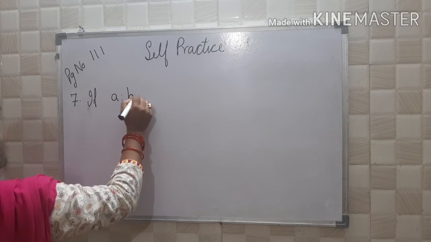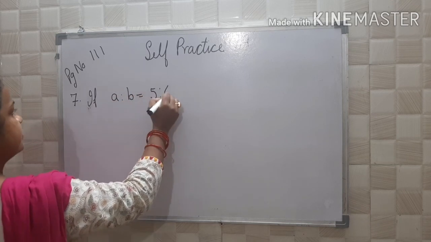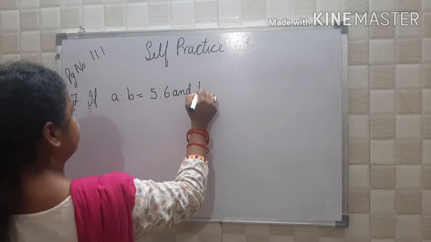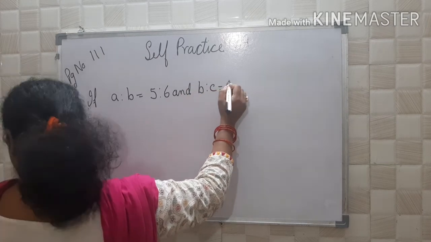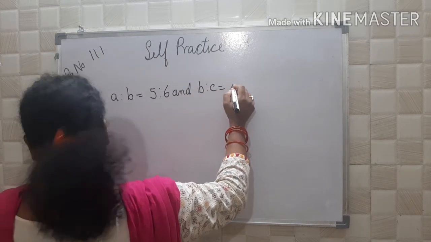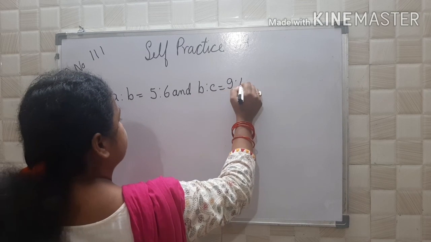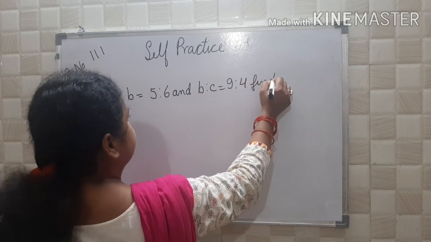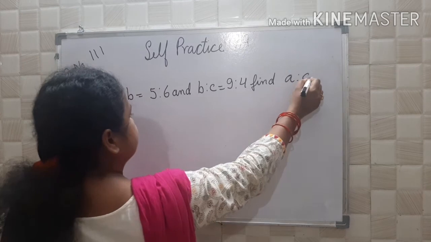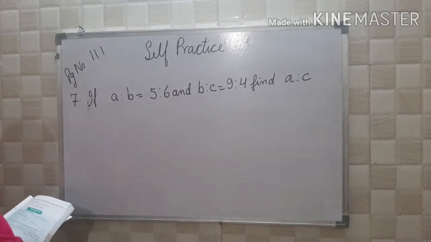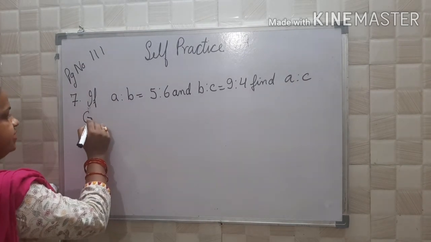If A is to B is equal to 5 is to 6 and B is to C is equal to 9 is to 4, find A is to C. Correct? Now what you will do? What is given here?